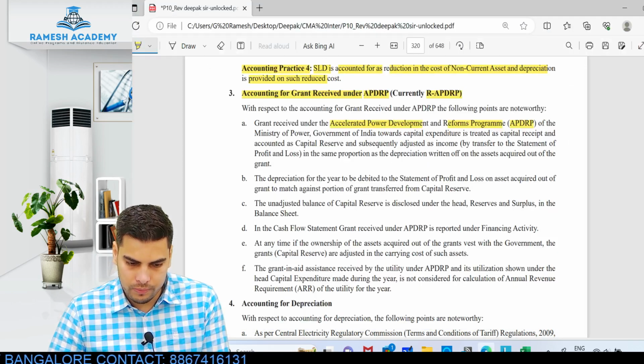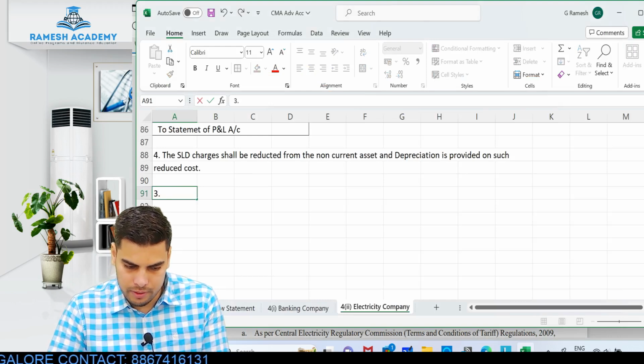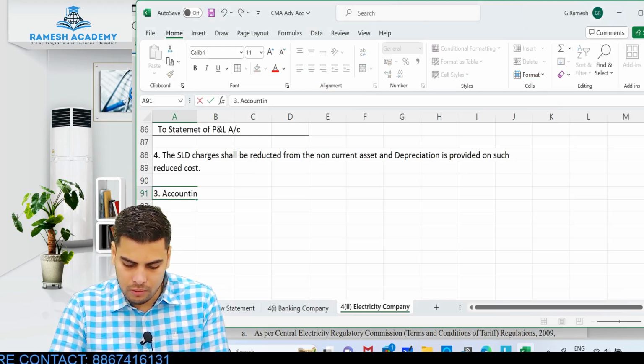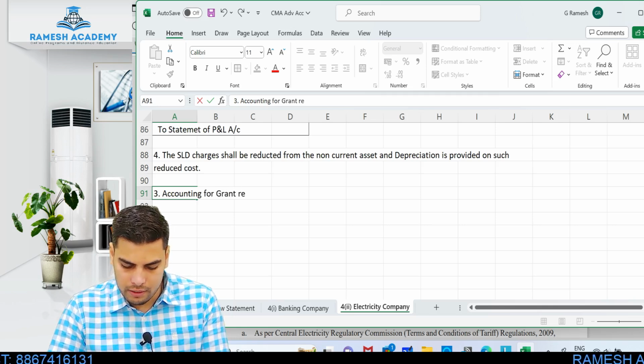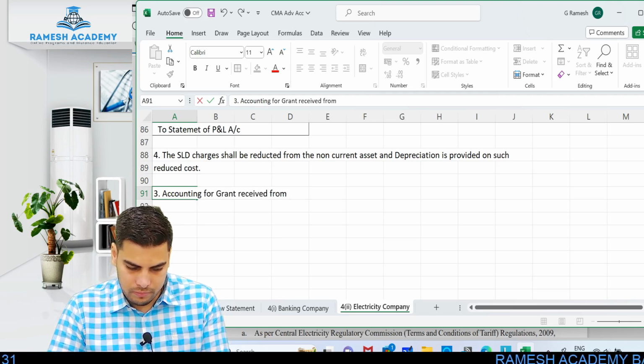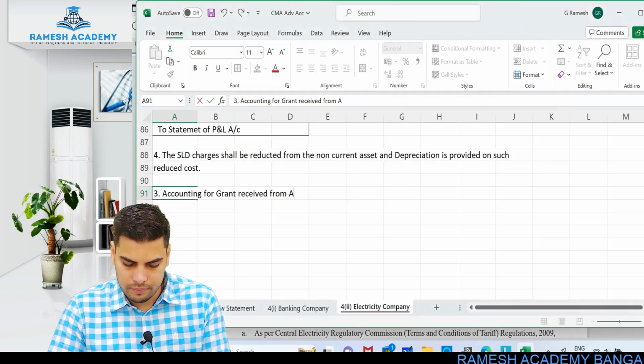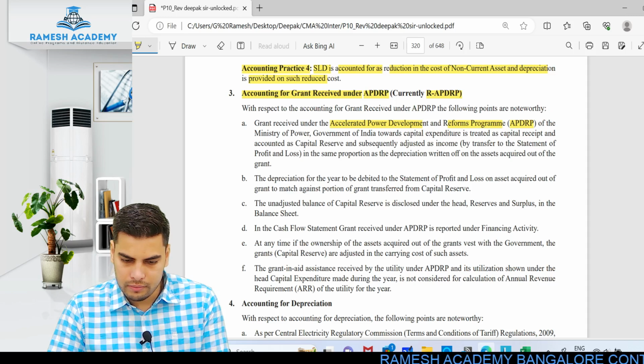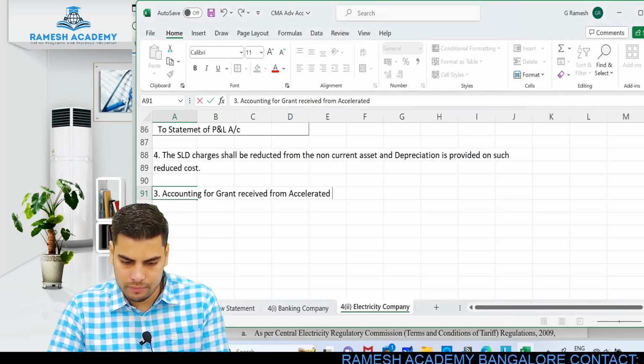So this would be the third type of special transaction, accounting for grant received from Accelerated Power Development and Reform Program.